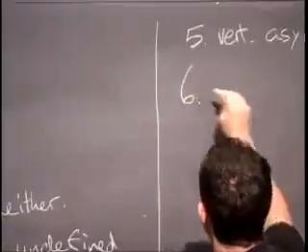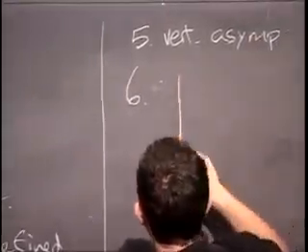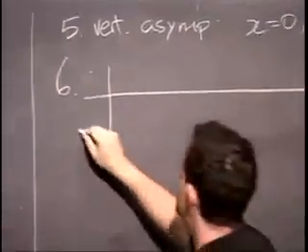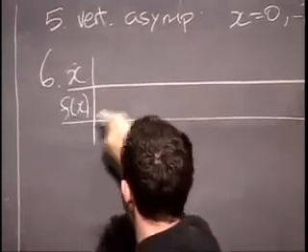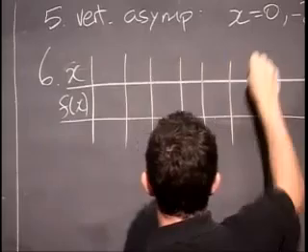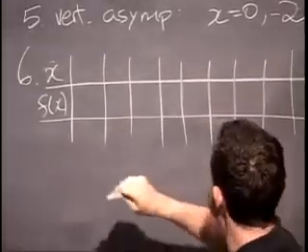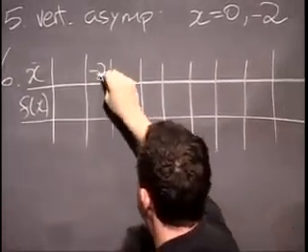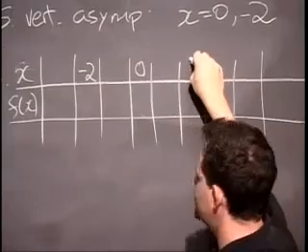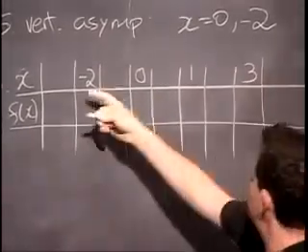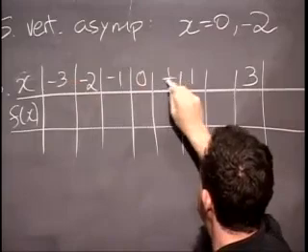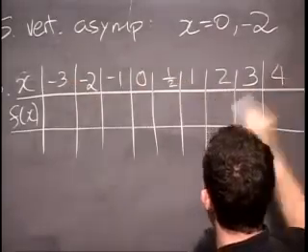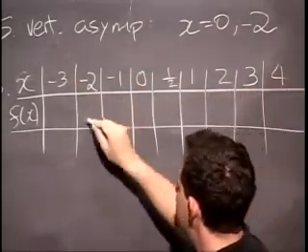Okay, step 6 calls for the sign of the function, but I've already done it. Just to remind you, here it is in context. The idea was that I put in the vertical asymptotes and the x-intercepts in ascending order and then filled in the cracks with sample values.